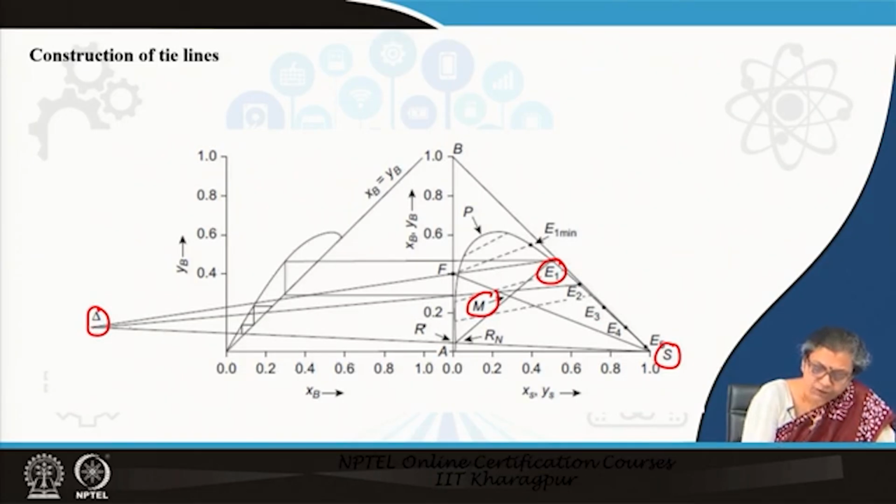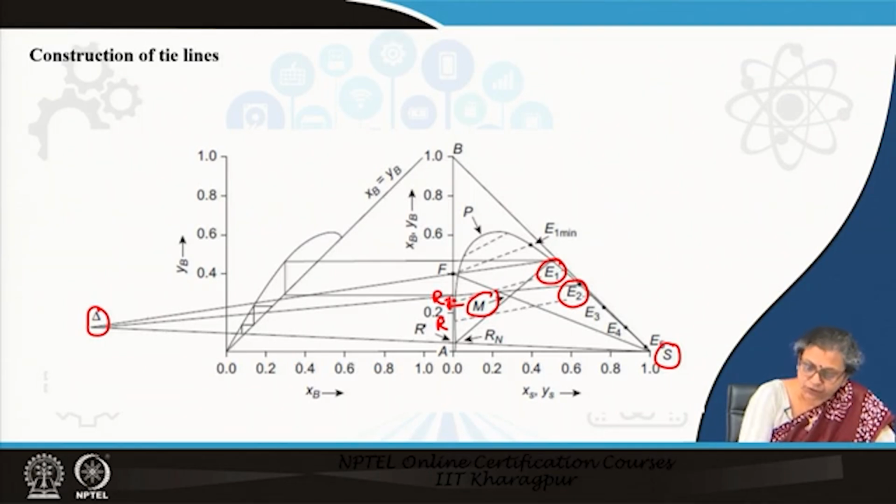So, once you have located this delta, the next step was that from E1 you drop a tie line, you get R1.